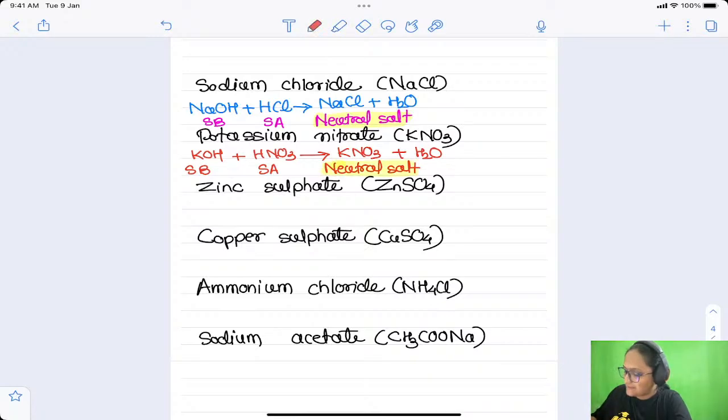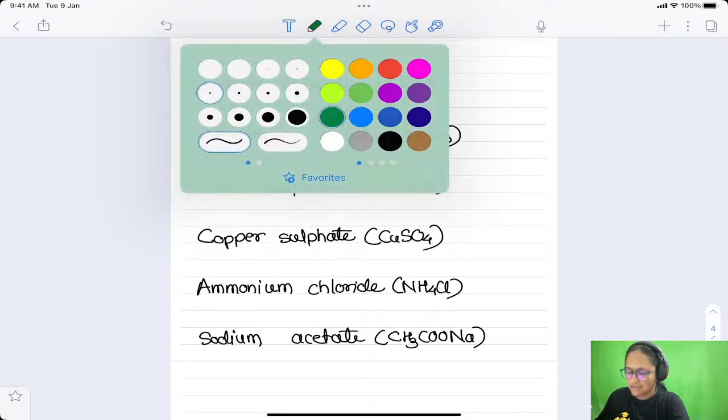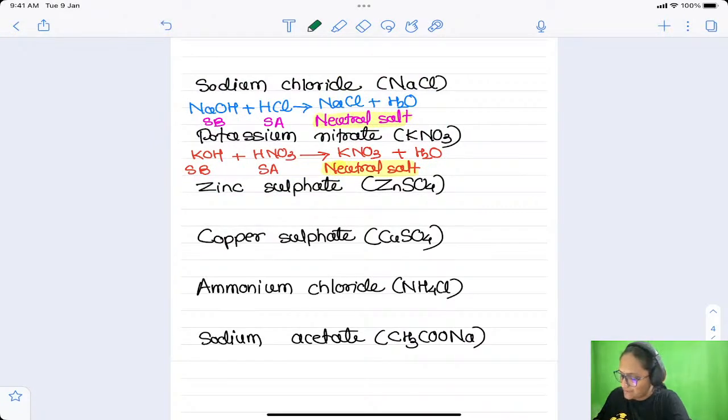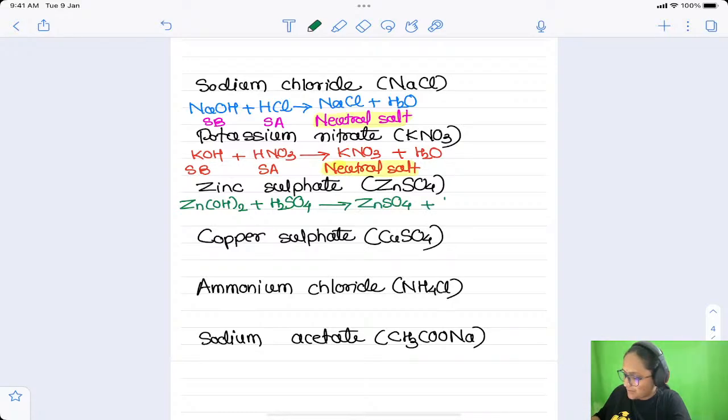Okay, then next example is zinc sulfate. Zinc sulfate is formed from zinc hydroxide, Zn(OH)2, plus H2SO4. Sulfate comes from H2SO4. So here we will get ZnSO4 plus H2O, right?